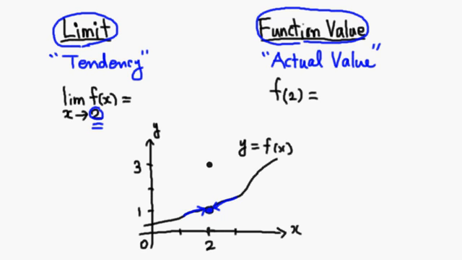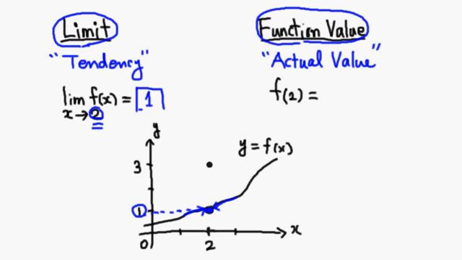Which means that the limit is going to be the corresponding y value. You can find the corresponding y value is 1 in this example. So the limit of f of x as x approaches 2 is 1.